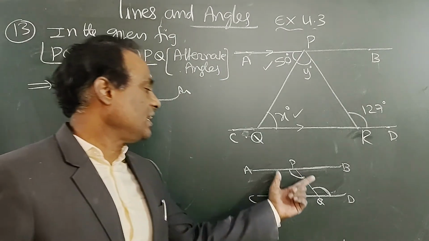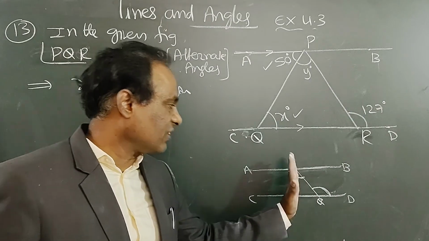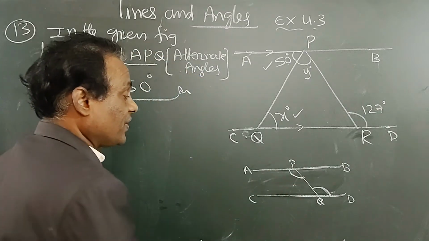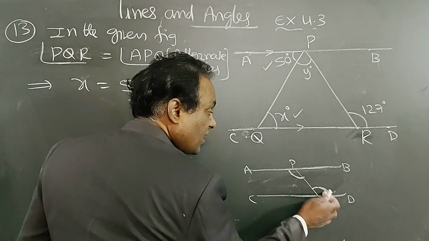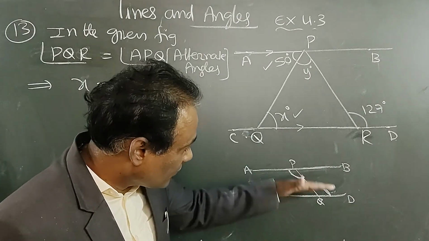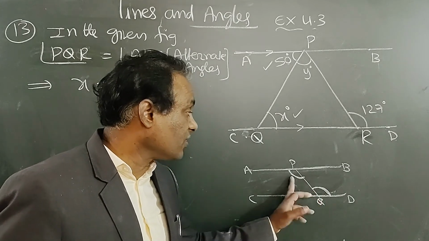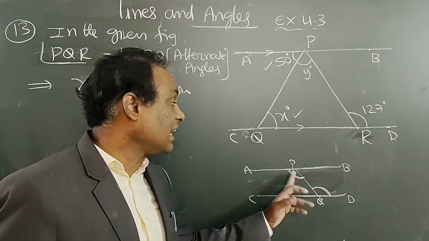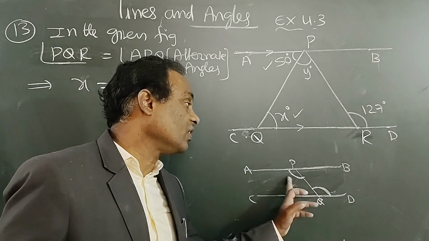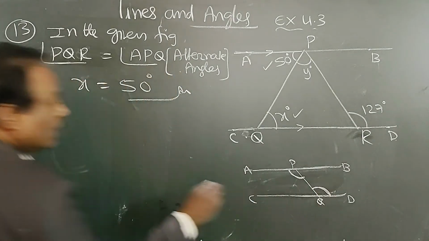So AB and CD are parallel, and PQ is a transversal. Definitely these two are equal because they are alternate angles. Alternate angles means: if two lines are parallel and there is a transversal, the angles that are interior and on opposite sides of the transversal are called alternate angles. So this angle is equal to this angle.